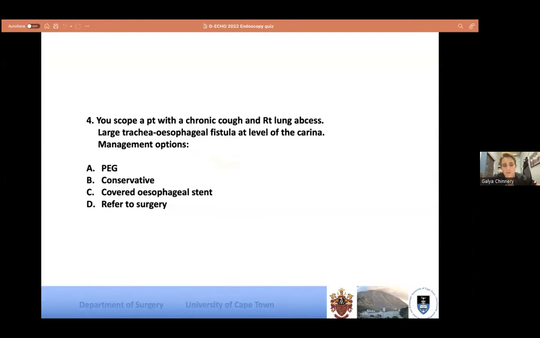And the question is, now that you've scoped this patient, you've seen a large tracheoesophageal fistula and you're peeping straight at the carina. What is your management option in this situation? And you can share the poll. You can either decide to put in a PEG, you can manage this conservatively, you can place a covered esophageal stent, or you can refer to surgery. Let's see what you feel like doing.